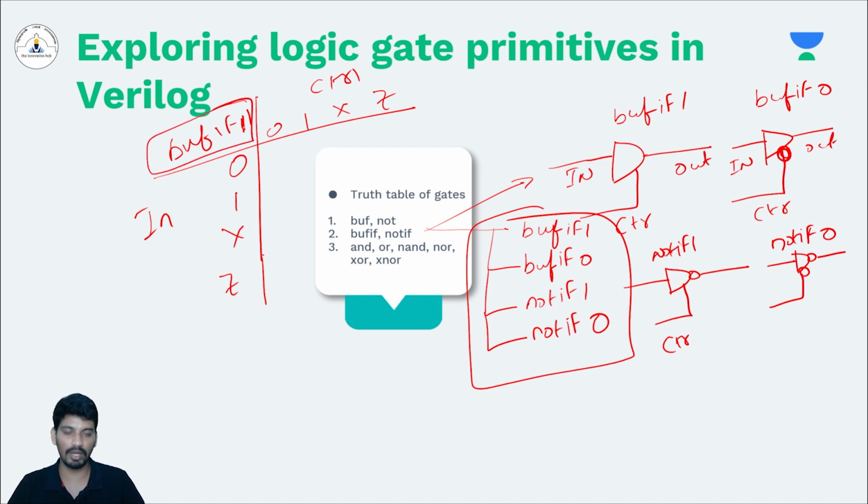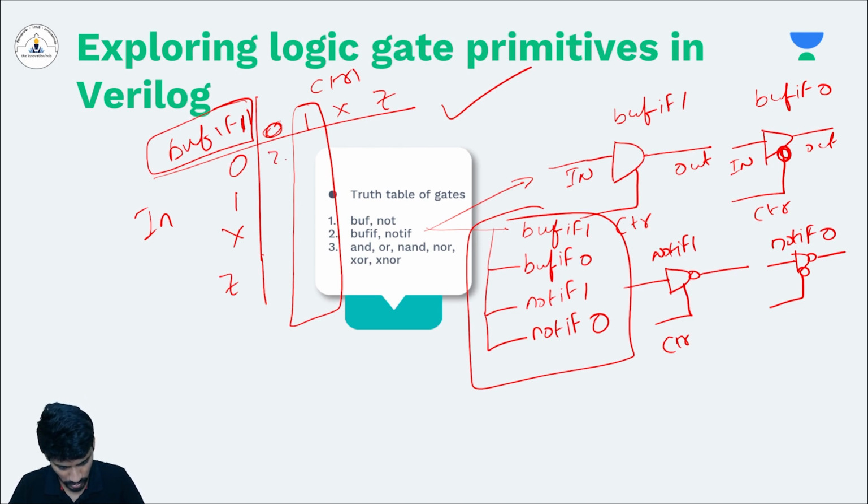If the control signal is 1, then only it will do the buffer operation. If the control signal is 0, then the output will go into high impedance state. This is the gate at which you can control the output to high impedance state. So it looks like this. If the control signal is 0, then the output goes to high impedance state. If the control signal is 1, then it will buffer the signal as it is.